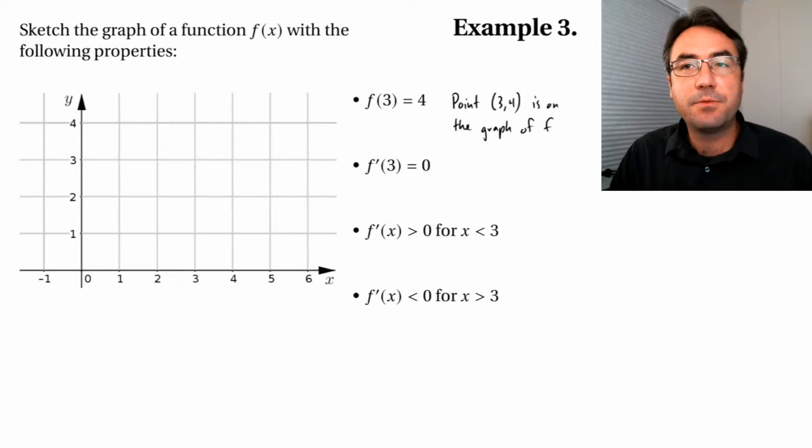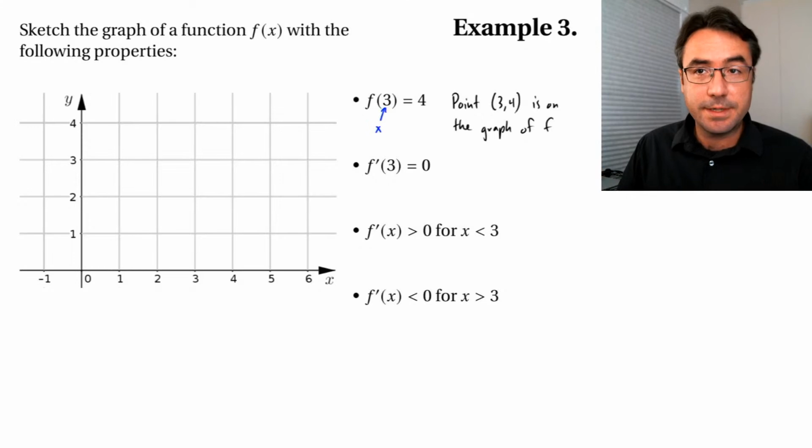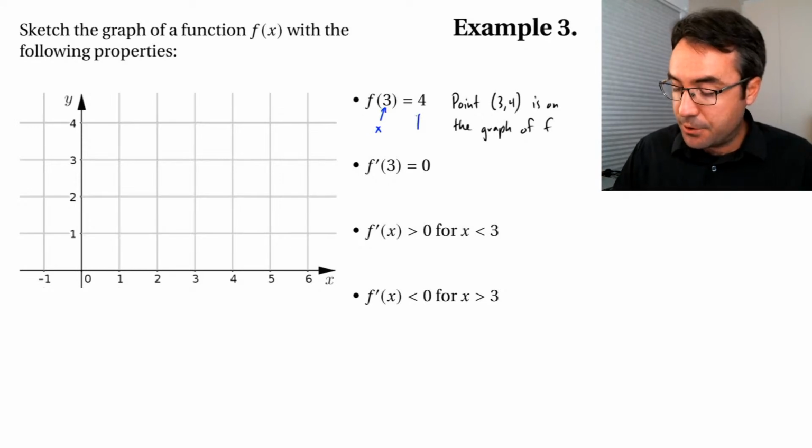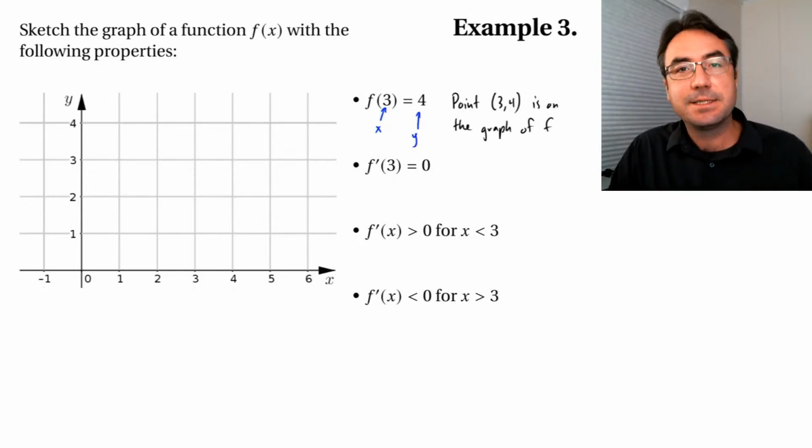And why 3, 4? Well, the number inside our parentheses here, that's the x coordinate. And the y value is just the value of our function. So at x equals 3, the function value is equal to 4. X is equal to 3, y is equal to 4. So that point must be on our graph.